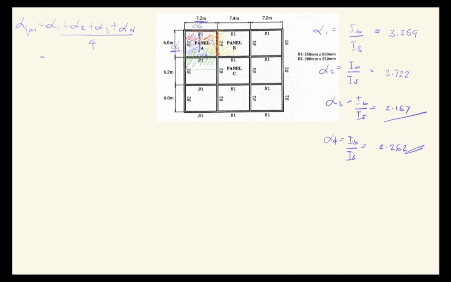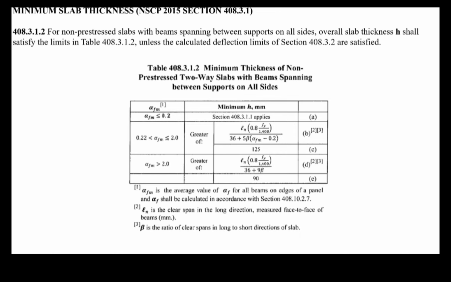This will give us a value of 2.93, which is greater than 2.0, from which, based on the tabulation in determining the minimum thickness of two-way slab, we are required to use whichever is greater in here. Since alpha average is greater than 2, it's either this or this.